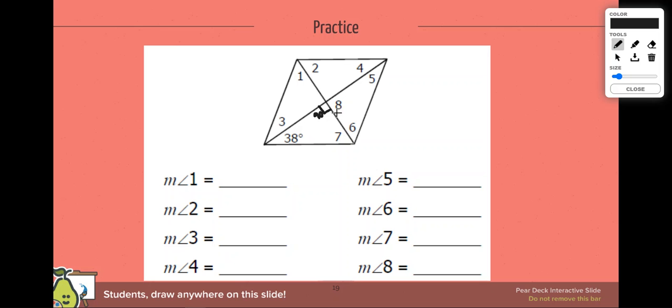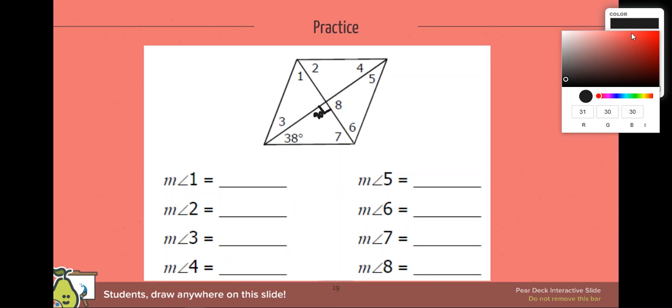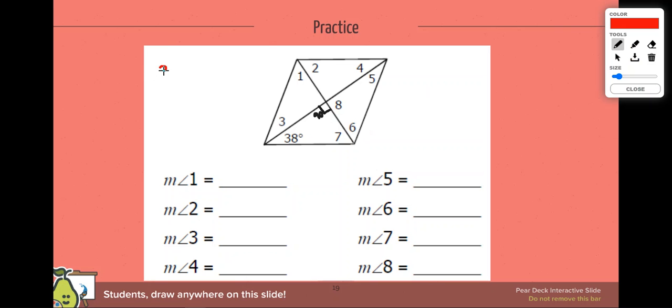If this is 90 degrees, it's going to allow us to solve for angle 7, because 38 plus 90 plus angle 7 have to equal 180 degrees because that is a triangle. So we have 38 plus 90 plus some amount for angle 7 equal to 180.